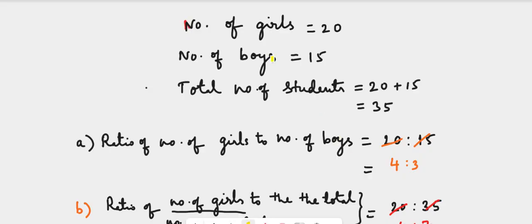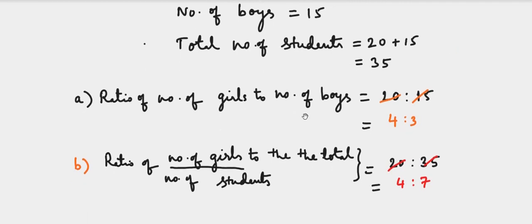Now, look at here. What is given? Number of girls equal to 20 and number of boys 15. Total number of students equal to 20 plus 15, that is equal to 35. So, if you calculate first the A answer, look at here, ratio of number of girls to the number of boys.